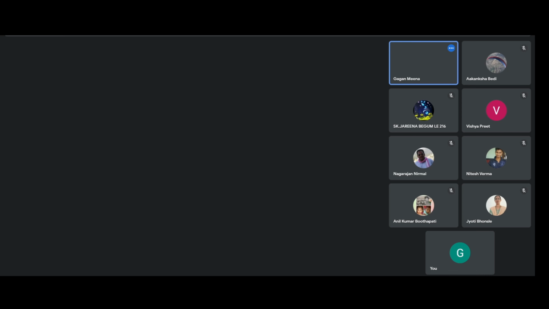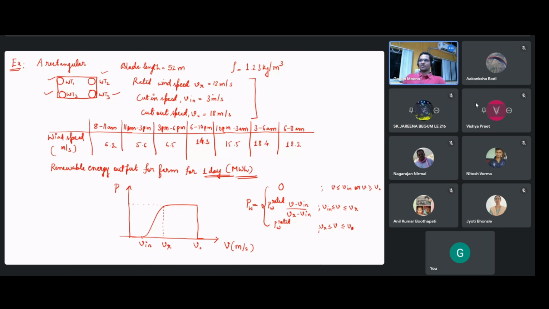Okay, so all these things are given. Now we have to find the total output power or energy for the day. This curve has been written in this equation.